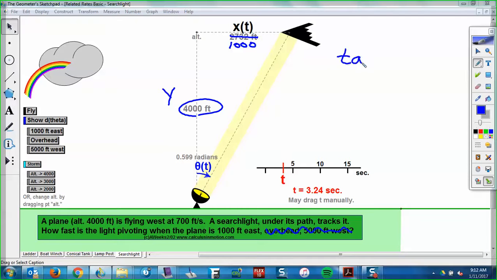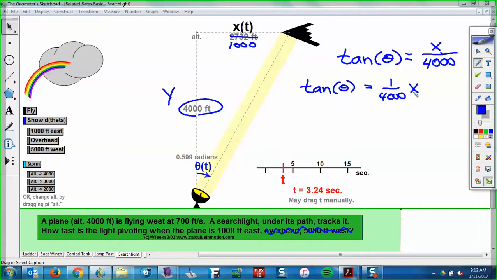So we would want tangent theta is equal to x over, you could do x over y, but it's okay to plug in the 4,000 right away. Remember, if we've got a number that is never changing in the problem, you can plug it in right away. Okay? All right, so then it might be good to, well, now I said we could do the derivative. I would probably write that as 1/4,000, so I wouldn't be tempted to do that as a quotient rule over there.